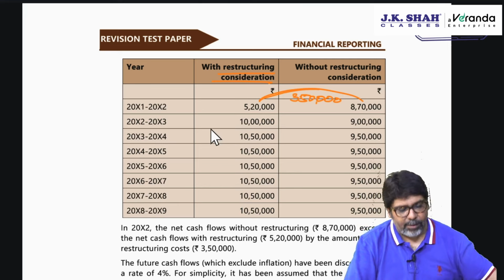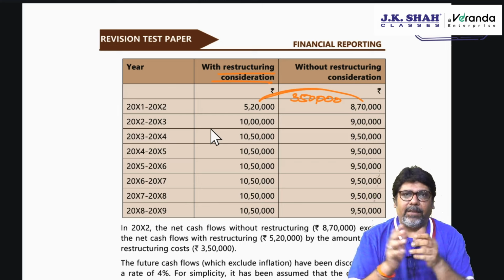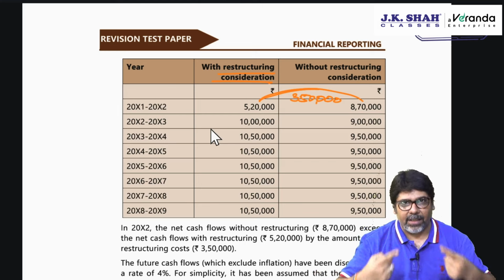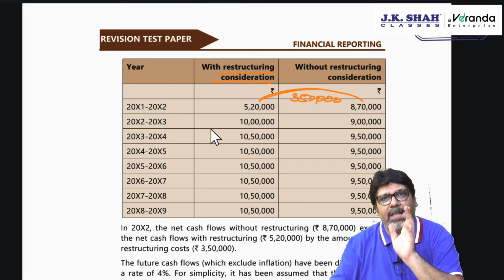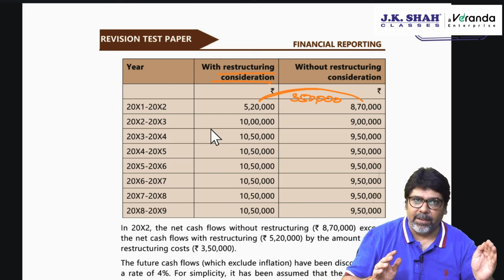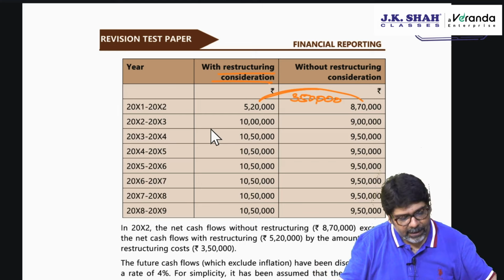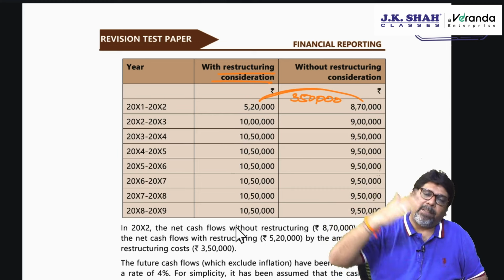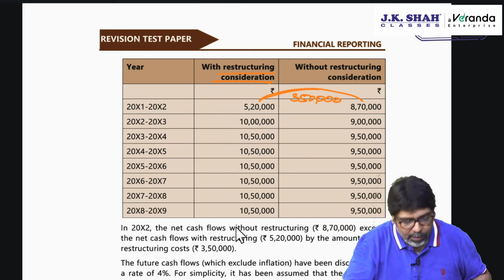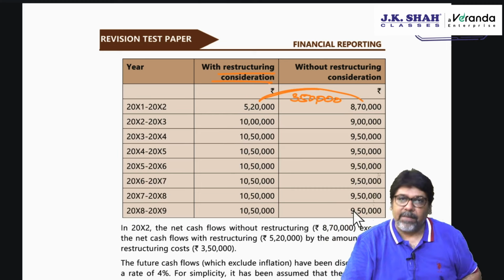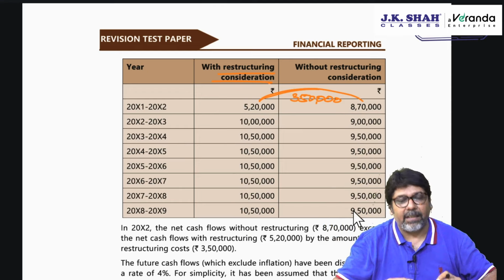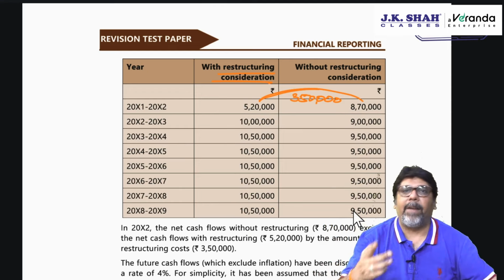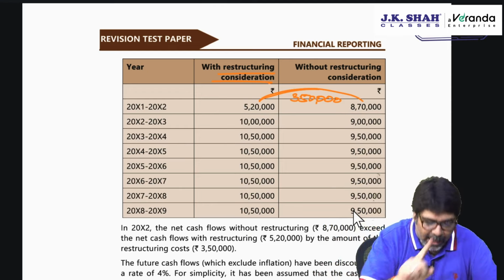Yes. So you understood. The asset value is 65 lakhs. They are planning a restructuring for which they require a cost of 3,50,000. They will create a provision. If they go ahead with the restructuring, then these are the estimated cash flows they are expecting. And if they do not go with restructuring, these are the estimated cash flows. With restructuring, cash flows will be 1 lakh more, because they are expecting a cost saving of 1 lakh.